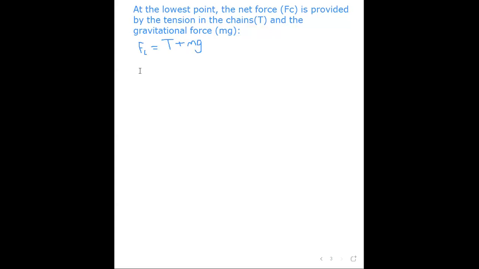Now we have to set these two expressions equal to each other, and then you can isolate for tension. So you'll have tension plus mg is equal to mv squared over r.